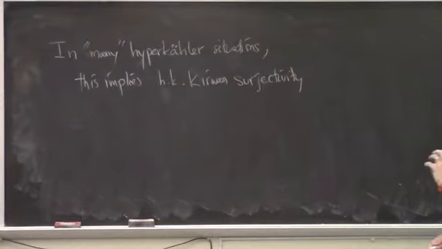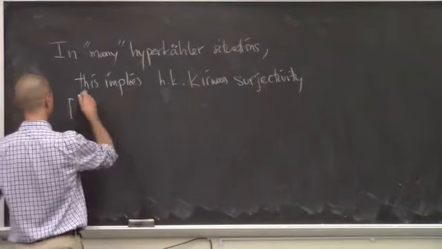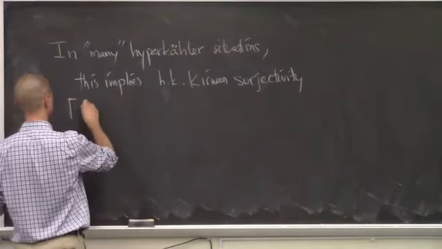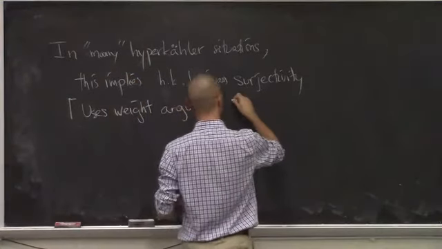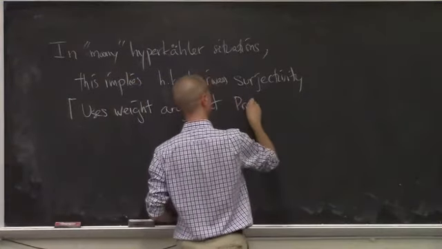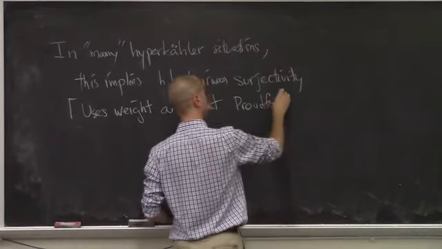That was the algebraic cohomology of X rather than of this slightly more complicated piece. So this uses a weight argument that was explained to us by Nick Proudfoot and Ben Webster.